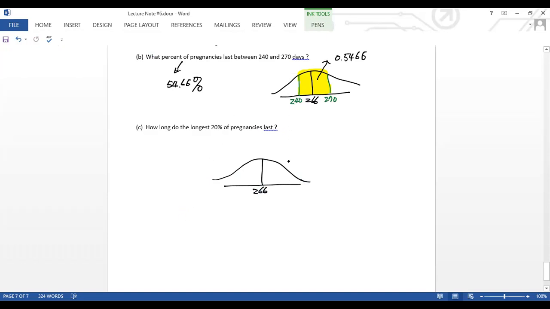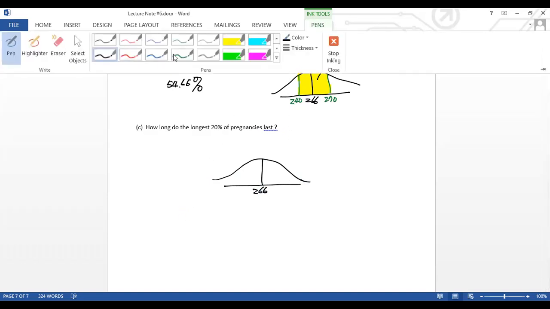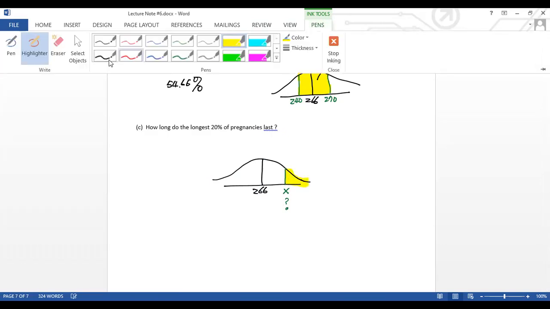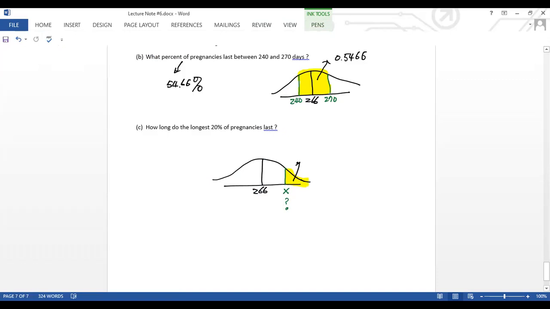The longest 20% means somewhere here. That's what we want to find: how many days will give you the longest 20%. That means this area is 0.2.